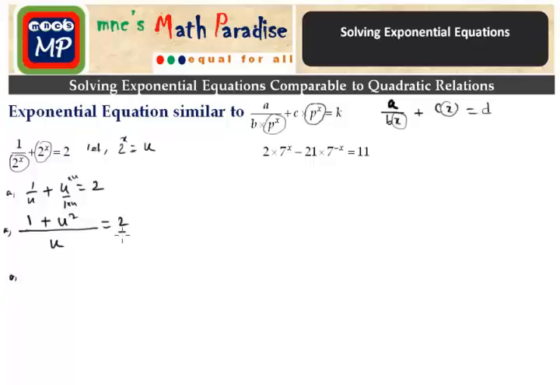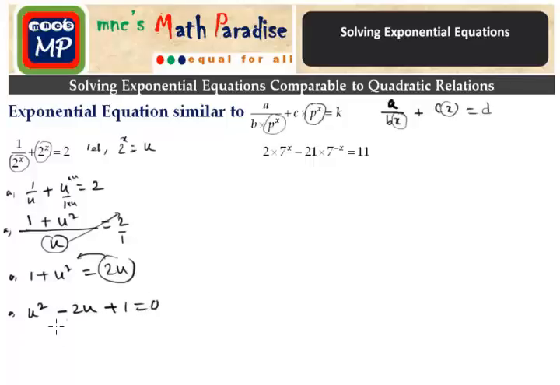Now if we multiply 2 with the denominator u, we will get 1 plus u square equals twice u. If we bring this twice u to the left hand side and rearrange the equation a little bit, u square we will write first, 2u coming on this side will become negative, so we will get u square minus twice u plus 1 equals 0.